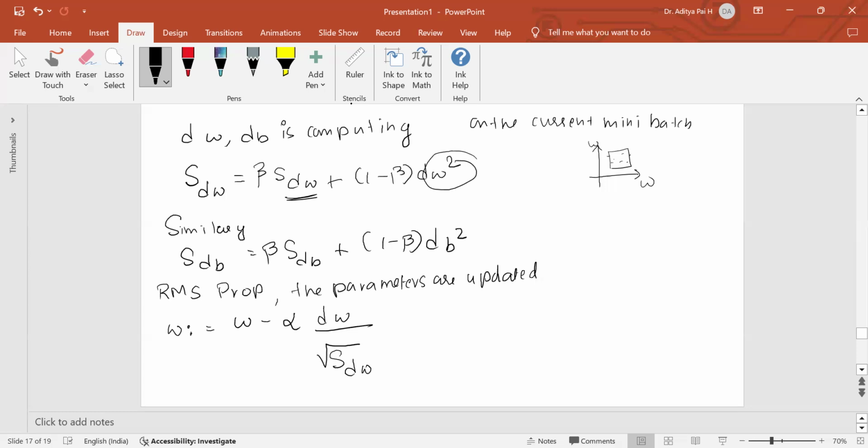And for b, I calculate b equal to b minus alpha db divided by the root of sdb. Now, how do these things work?